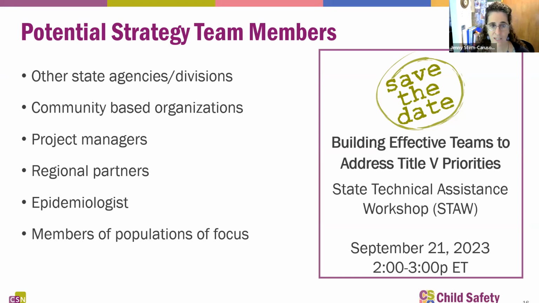So I'm going to give you just an example of what a state strategy team might look like from teams that we've had in the collaborative previously. So it may be that a state health department decides to partner with the State Department of Transportation to implement graduated driver licensing education and compliance in an effort to improve teen driver safety and reduce injuries and fatalities related to teen drivers.